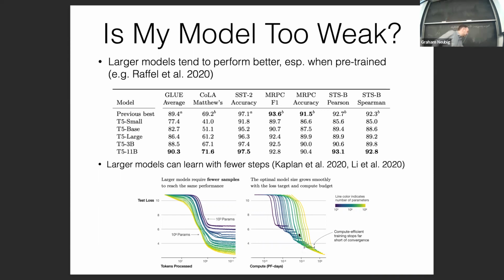So this is very interesting. It's basically like, training a bigger model allows you to learn better, and it even can allow you to learn faster.